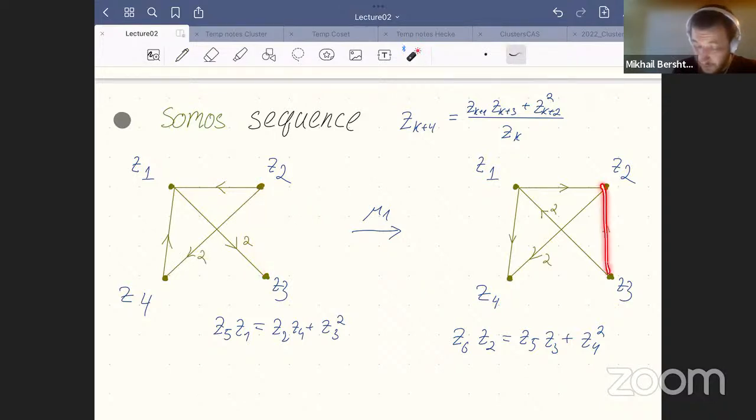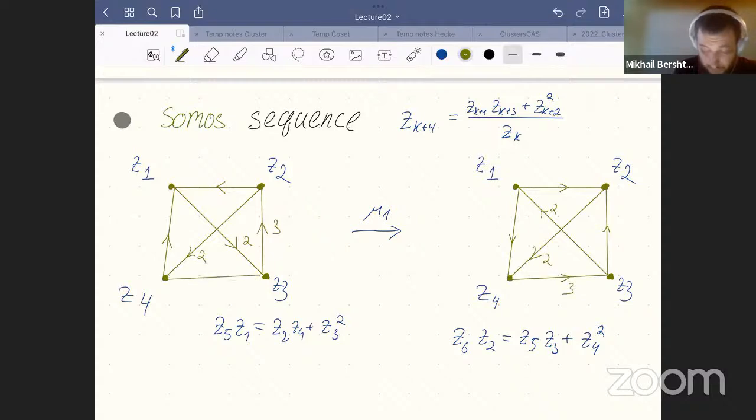after mutation we have here 1, but actually this 1 appears only after the cancellation. So here we should have 3. And after mutation of this vertex, we close 2 triangles, and instead of 3 we get 1. And now if we believe in periodicity, then here should be also 3, and here should be also 1.